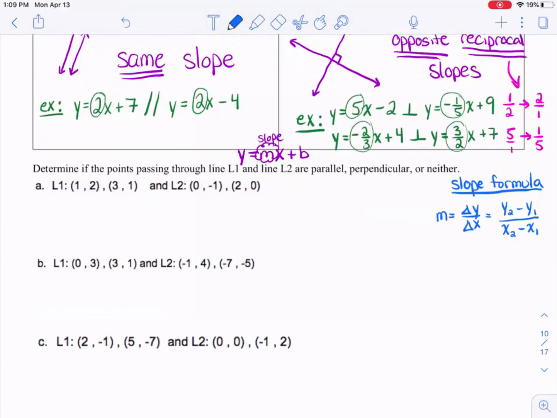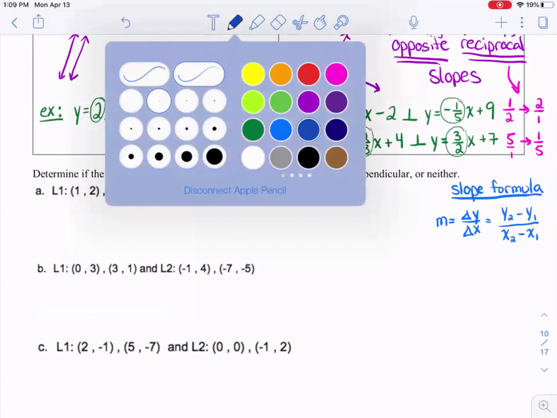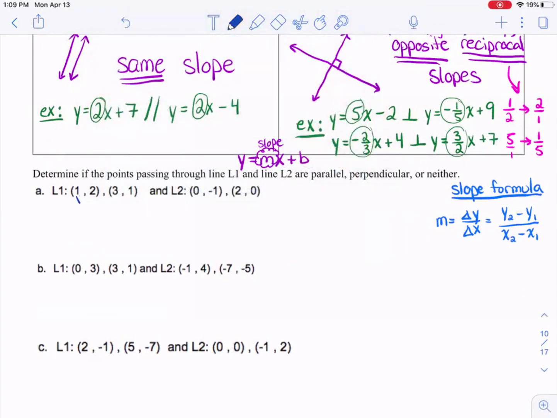Okay, so I would start on letter A by labeling my points as x1, y1, and the second point is x2, y2, and carry it right through to the second point. Let's label all our points at once. Or not.